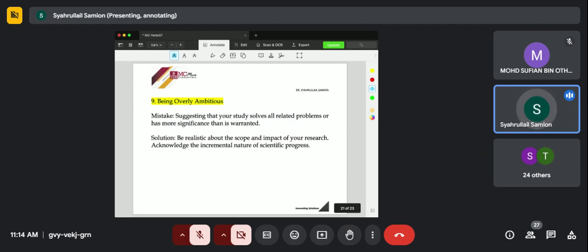So, being overly ambitious, suggesting that your study solves all related problems or has more significance than it warrants. So, sometimes in Viva, students want to show their novelty, so the student will say something that is very, very ideally good.